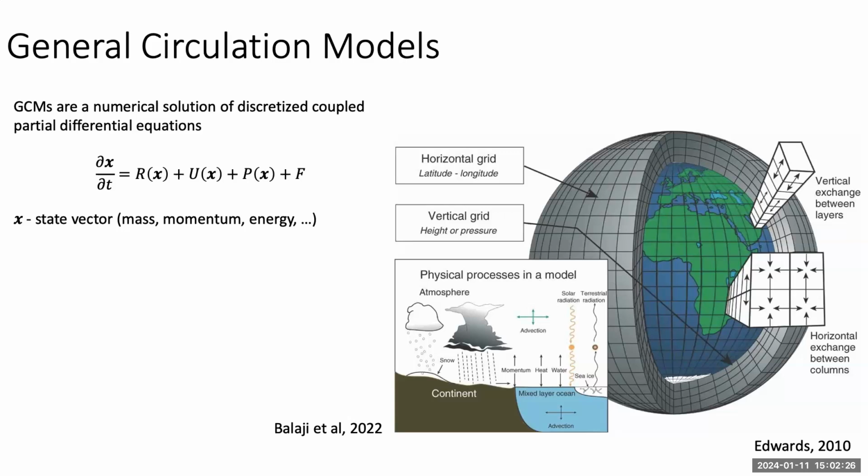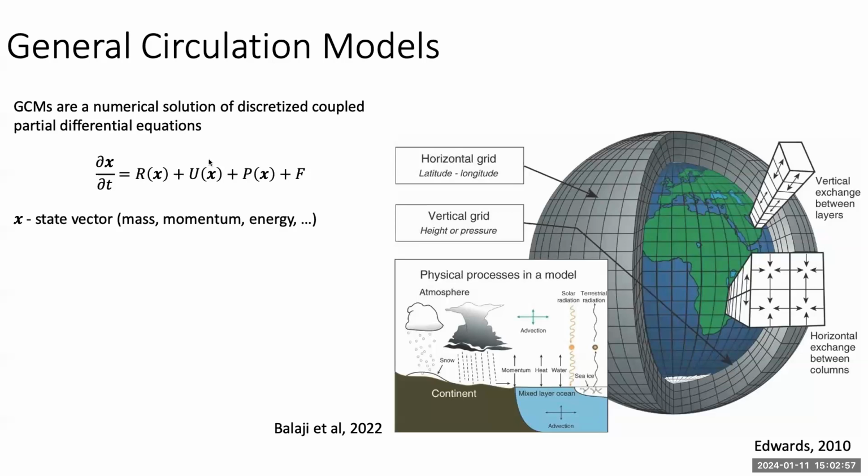So just a little bit about general circulation models. All the models that I'm going to talk about here are mostly global models and not regional models. When we are talking about a general circulation model, we are talking about a numerical solution for coupled differential equations, where x is a state vector, whether it's mass, momentum, energy, or any other tracer that is relevant.